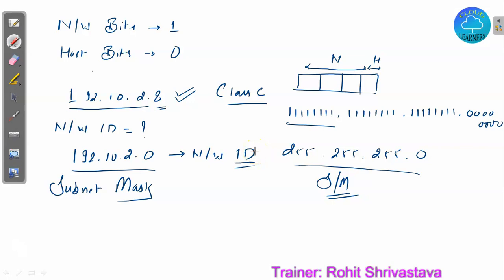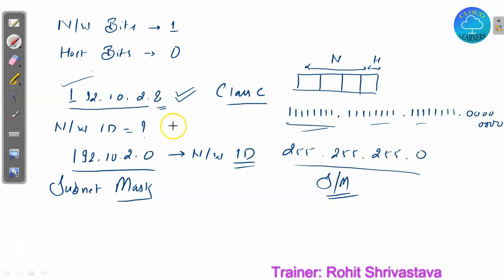If you need to calculate the network ID, just identify the class of the IP and make the host bits 0. That will be your network ID. If you want to calculate the subnet mask, just make the whole network bits 1 as we did, and write it down as 255.255.255.0.